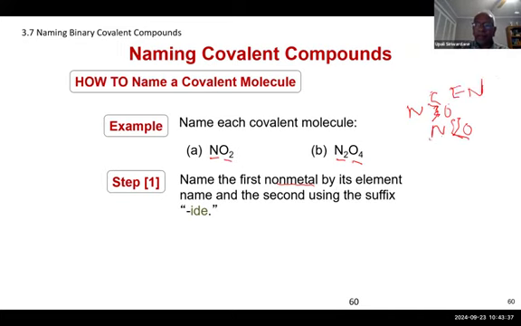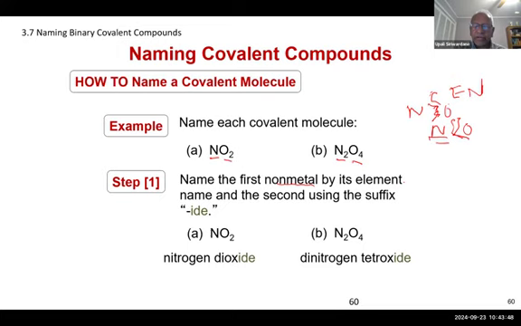Therefore, nitrogen is written first: dinitrogen tetroxide. Nitrogen dioxide, dinitrogen tetroxide. Do you see how you name covalent compounds? We don't use prefixes in ionic compounds. That's the main difference. Prefixes are not needed. The ionic charge will balance the formula.